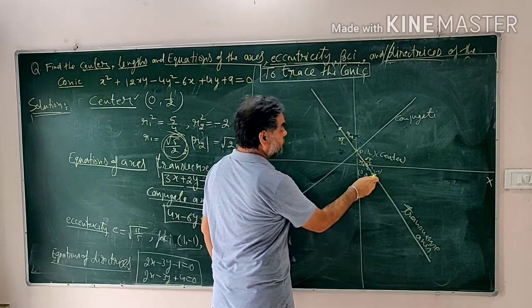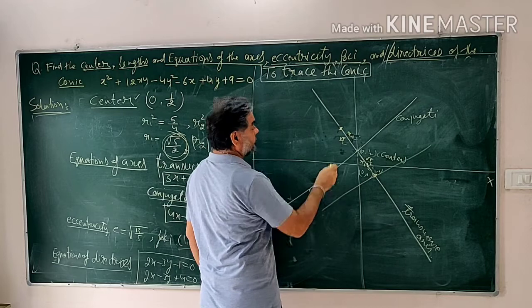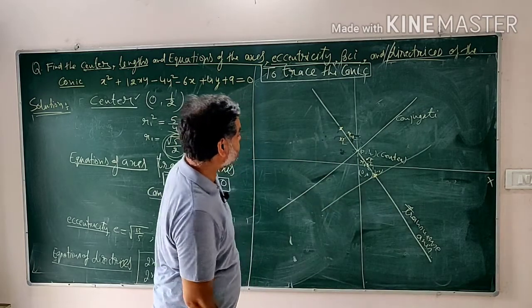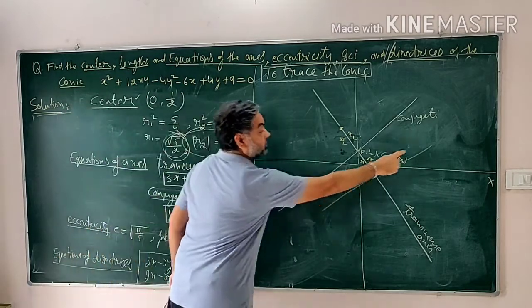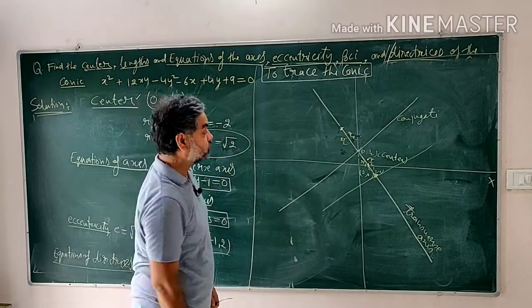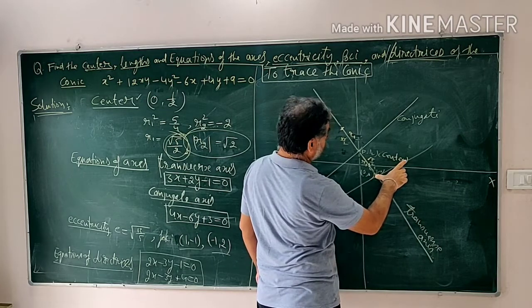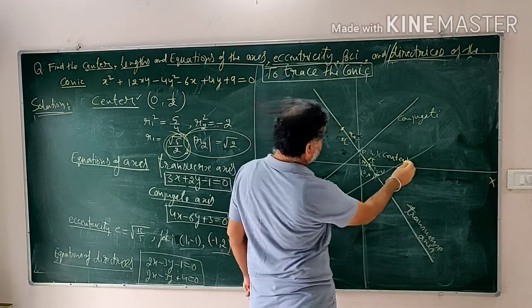After that, you draw a line perpendicular here. Only on one side is sufficient. Now on this perpendicular line, mark a point at a distance of root 2. Let's mark a point here at a distance root 2.